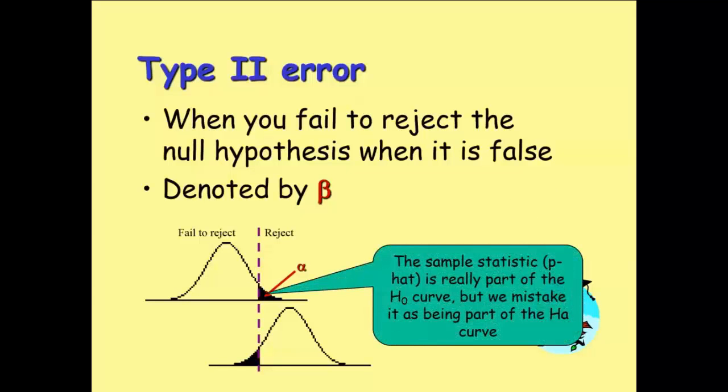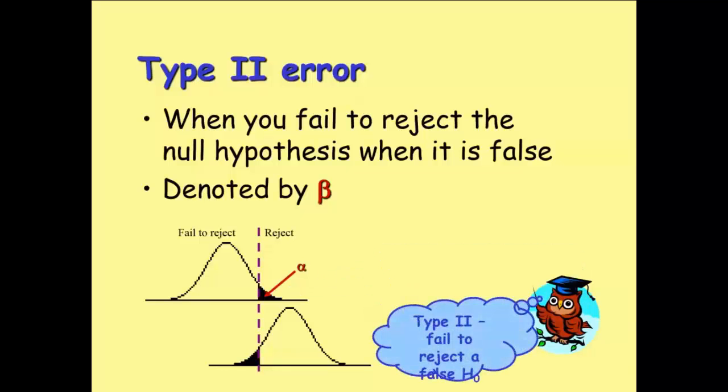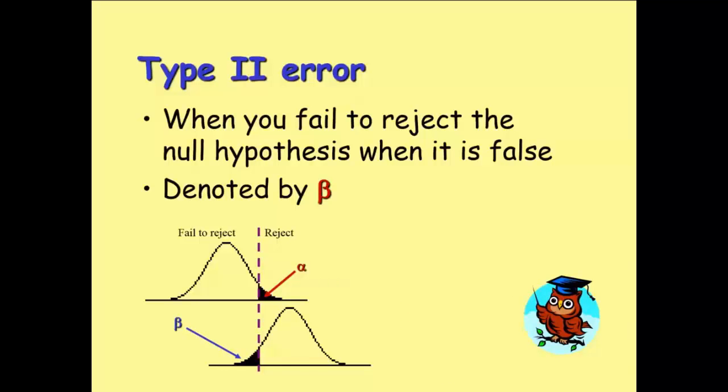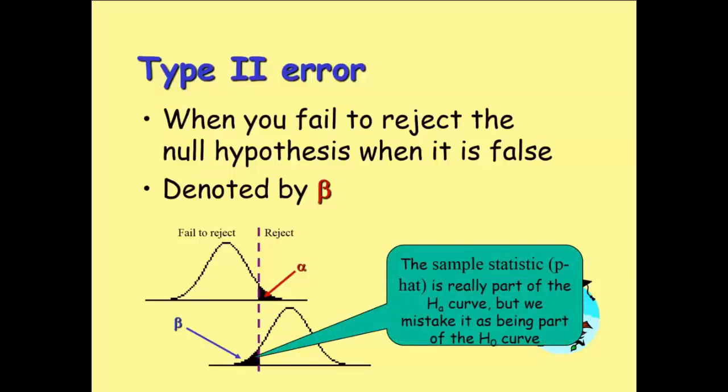But type 2 is really based on this alternative hypothesis, this secondary graph that is actually what's going on in the real world, but I just don't know that yet. Hopefully this will make sense when we start putting numbers in here. Okay, so the sample statistic is really part of the HA curve, but we mistake it as being part of the null curve.